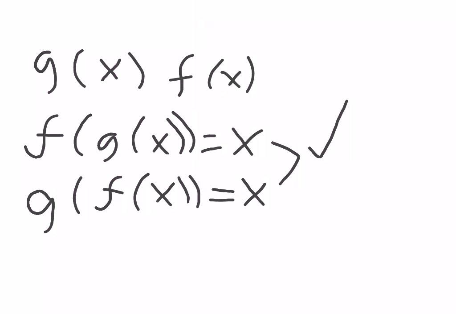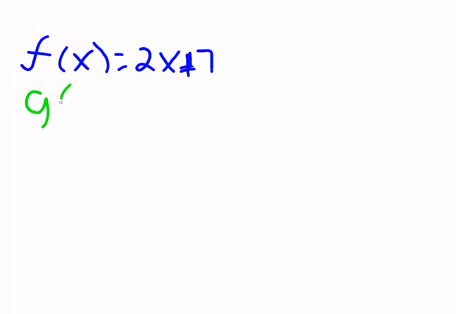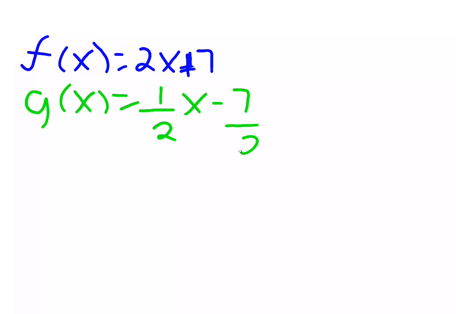So let's try one. I wanted to look at number 16 first. Let me try to switch colors for you guys so it'll make it easier. Okay, so f of x equals 2x plus 7 and g of x equals 1/2 x minus 7/2.